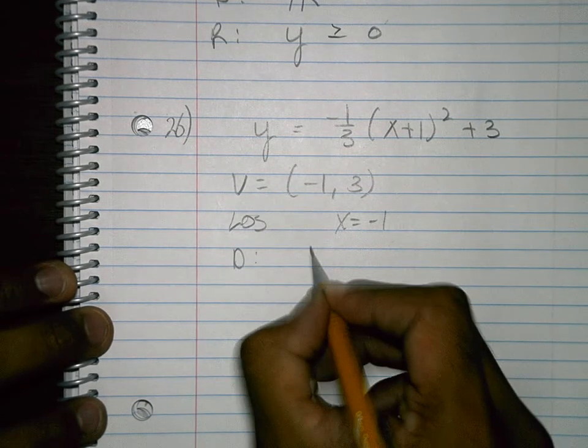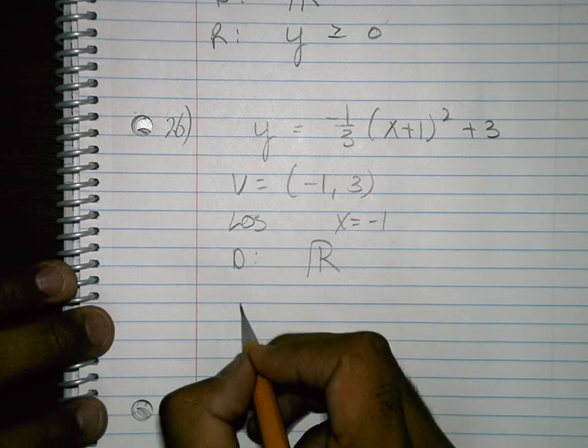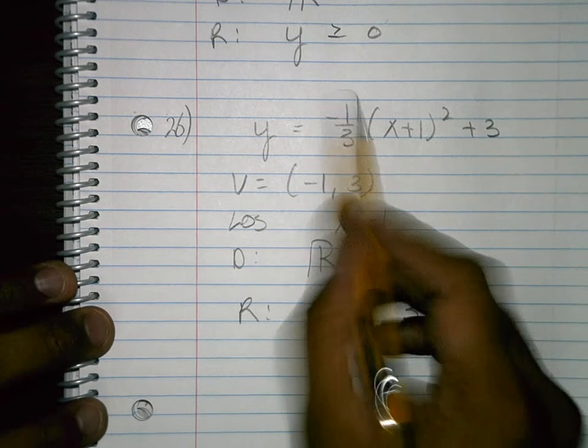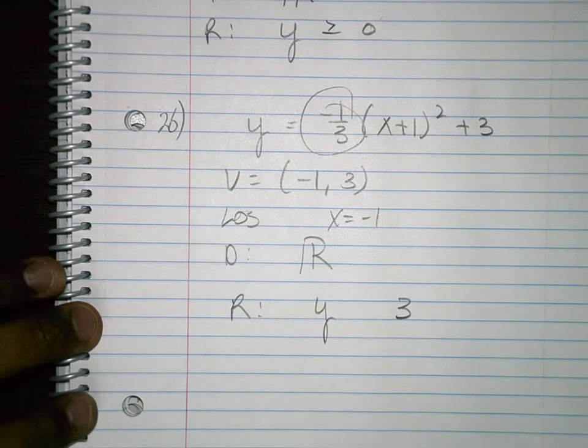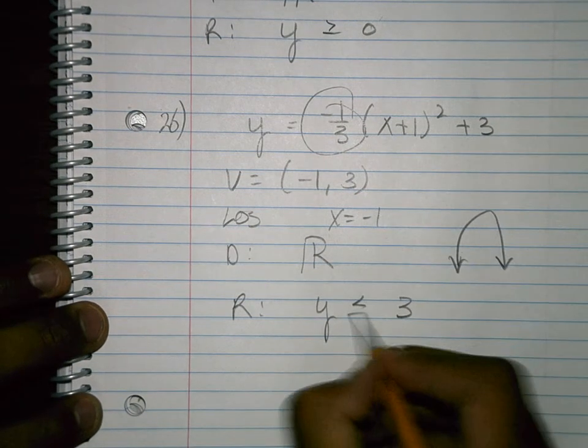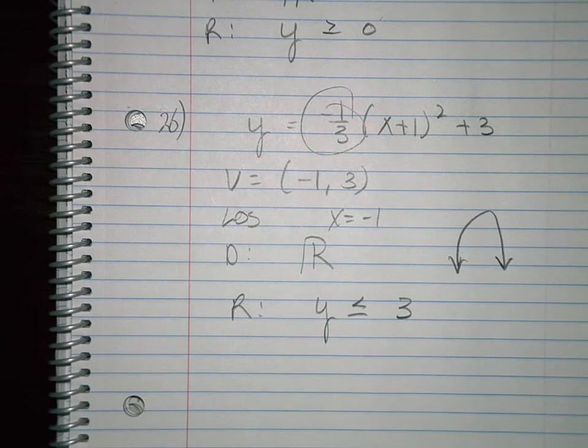A domain is all real numbers. And the range is going to be y. Look at my y value. Now this is a negative a, so that means it opens down. Okay, this parabola opens down, so the y's are less than or equal to 3. All right, looking at number 27.